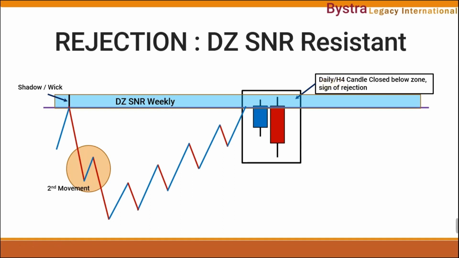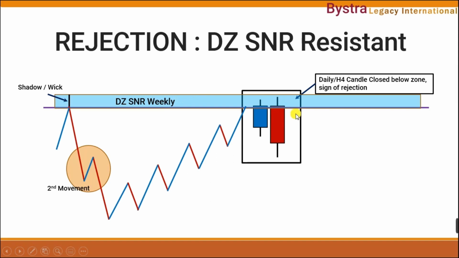H4 is the most minimum. We do not want the H1 or M30. So if this is the daily time frame, what is the time frame rejection that we are waiting for? The H4 and the H1. Okay, guys, hope you understand this. Okay, we can look two time frames below the DZSNR time frame.